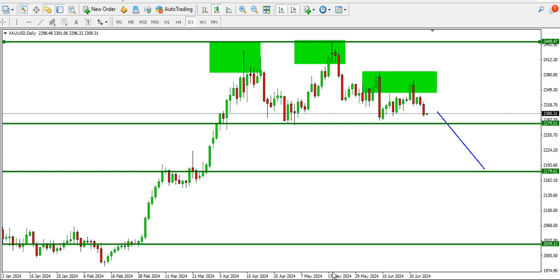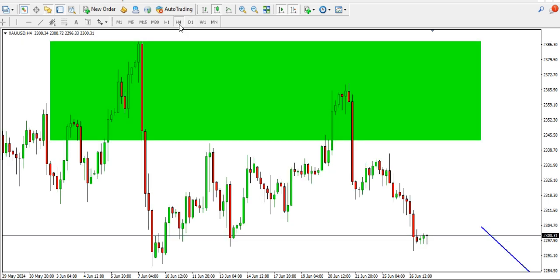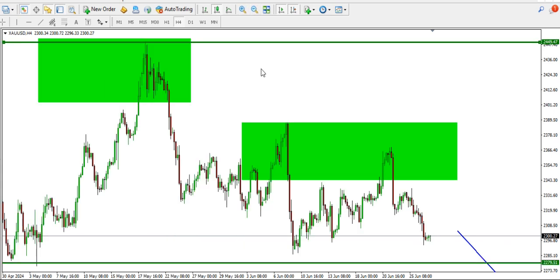So let's quickly run to the 4-hour time frame and see what we have. On the 4-hour time frame, we can see that we have a high here. We have a low here, lower high, lower low, lower high. Now, price needs to break this structure.